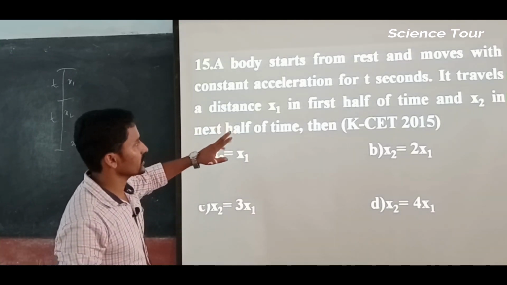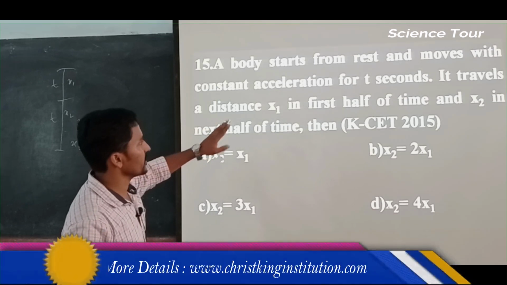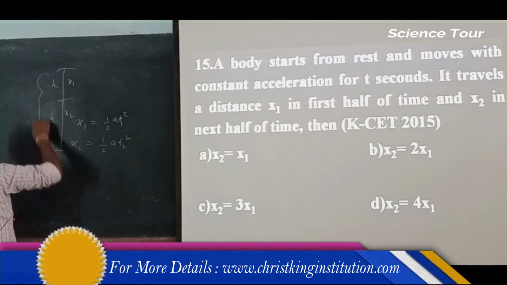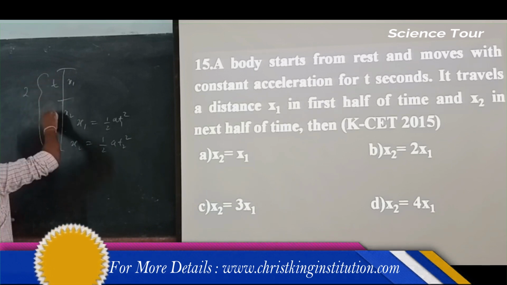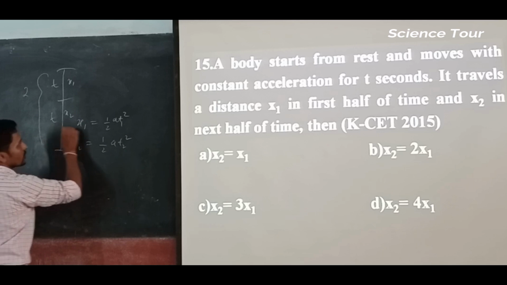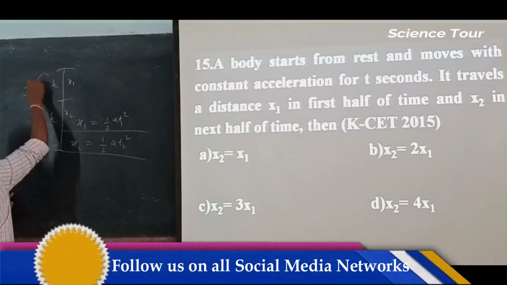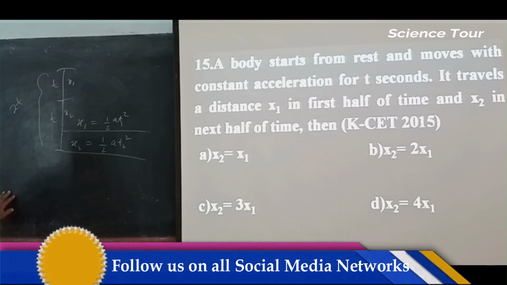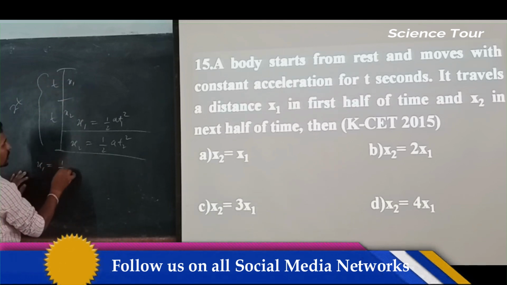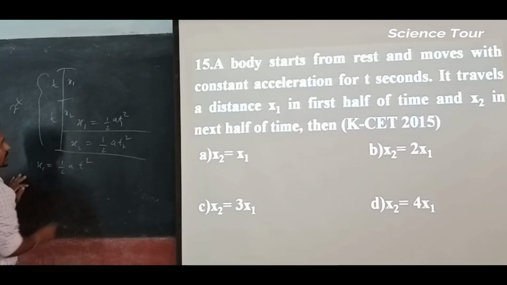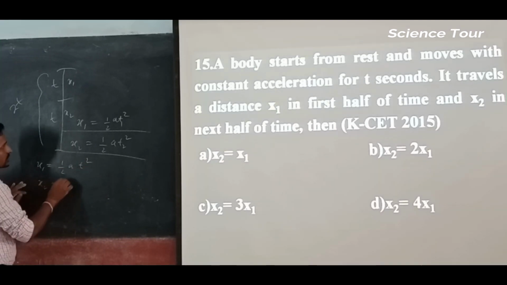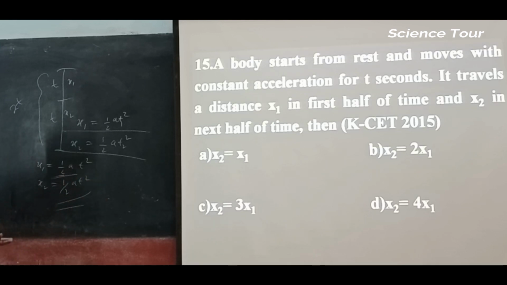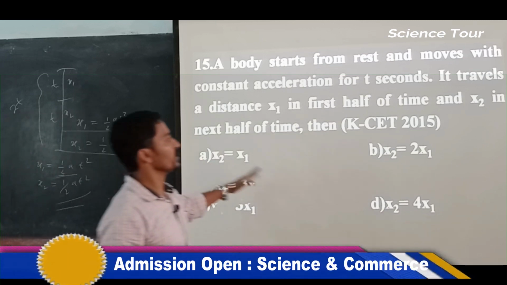The total time is 2t, so it is t and t. So x1 is equal to half into a t square, and x2 is equal to half a t square. So x1 is equal to x2.